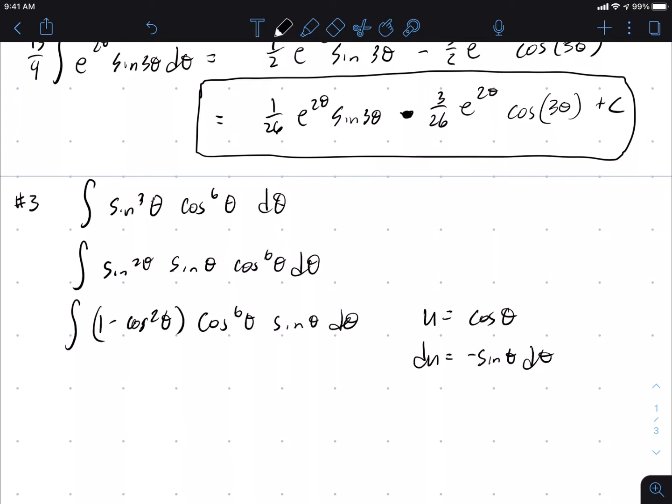Yes. So we end up with negative 1 minus u squared, u to the 6th, du. And now we can just distribute, right? And this becomes a power rule integral.